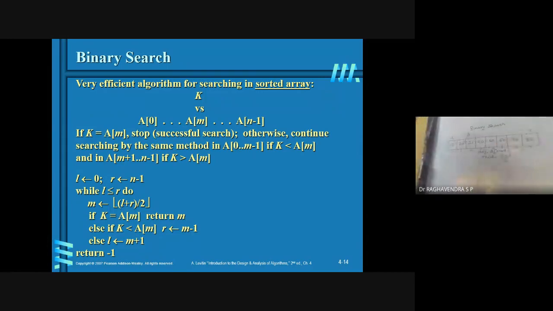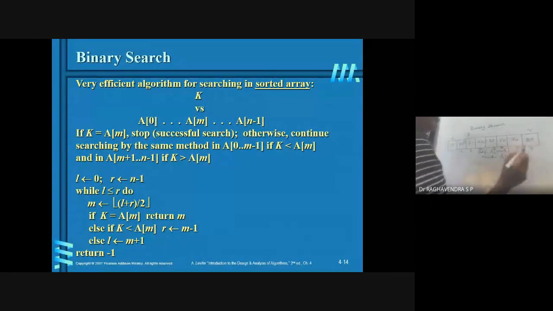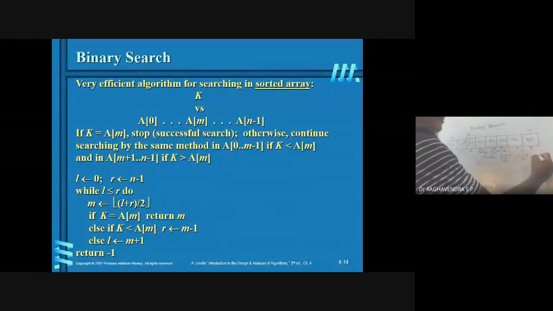The L value may also be taken from 1: 1, 2, 3, 4, 5, 6, 7, and 8. So 1 plus 8 by 2, which means 9 by 2, that is 4.5, which is approximately 4 if you round down.